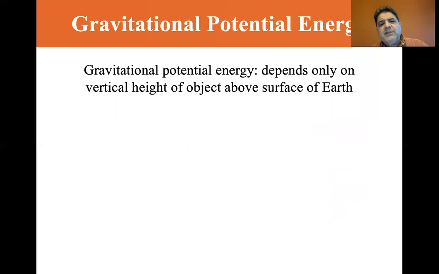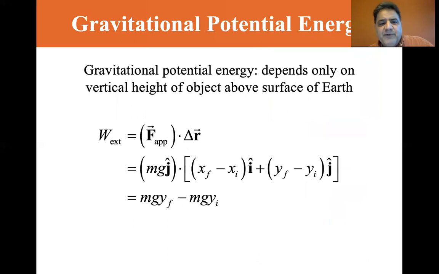Gravitational potential energy depends only on the vertical height of an object above the surface of the Earth. So if we fire a cannon and a projectile, it has both an x component and a y component. So the applied force times delta r.